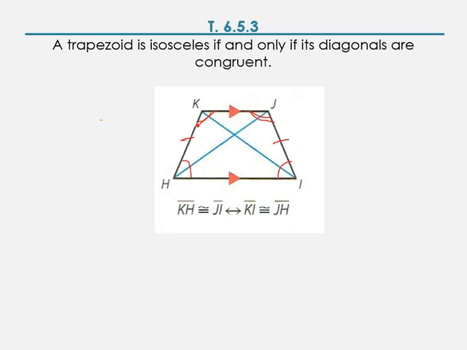So what you will have is congruent segments here, and then you'll have congruent segments right here. And in the proofs, you would be proving using vertical angles, angle side angle, to prove individual triangles to show that its diagonals are congruent.